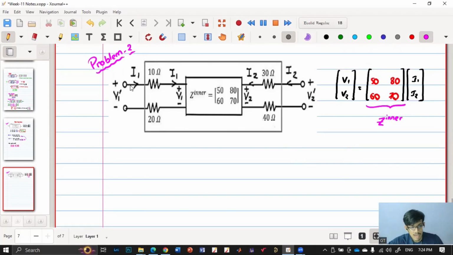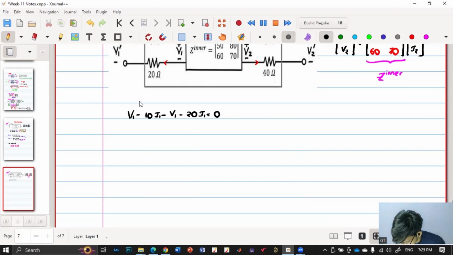So now, if we apply KVL in this loop, just in the same way, we'll get V1 minus 10 I1 minus V1 minus 20 I1 equals 0, with the current direction something like this.